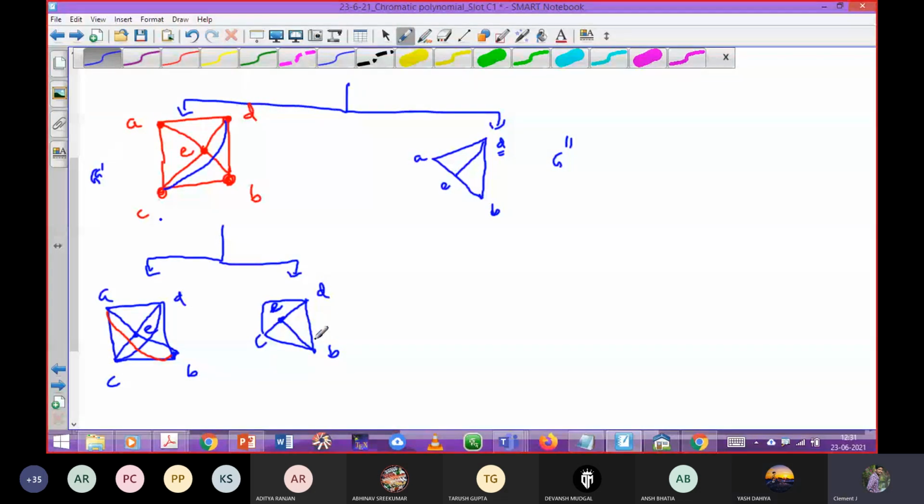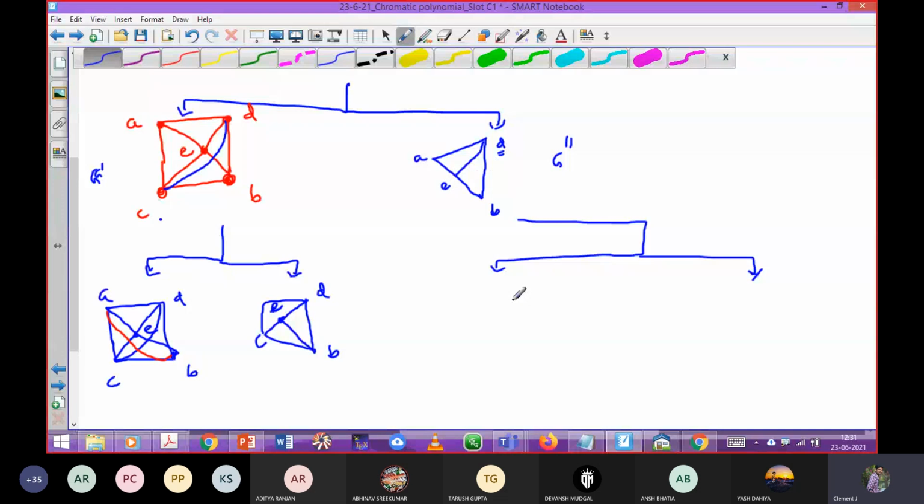Yes, sir. Okay. Next. By the same way, I am going to split with respect to the preceding second graph. See here, what are all the vertices not having adjacency? Sir, AB. Very good.